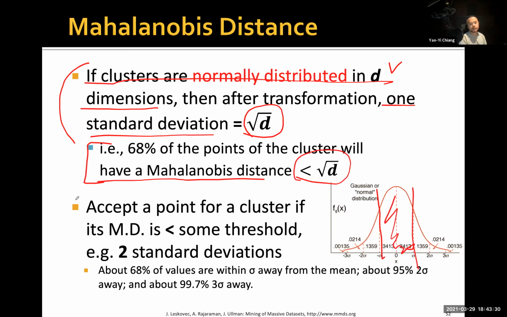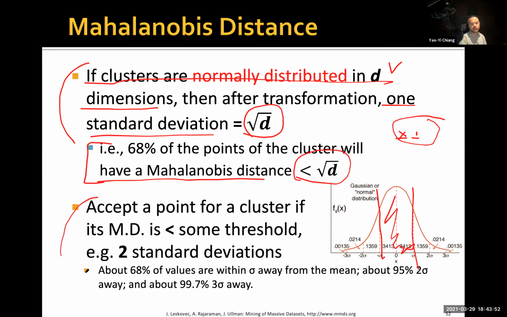So one thing that we can do is, let's say this is your cluster, you have a centroid. Now you want to decide if you want to add this point to the cluster. You can say if this point is one standard deviation away or 2 standard deviations away from the centroid, then we are going to accept it.